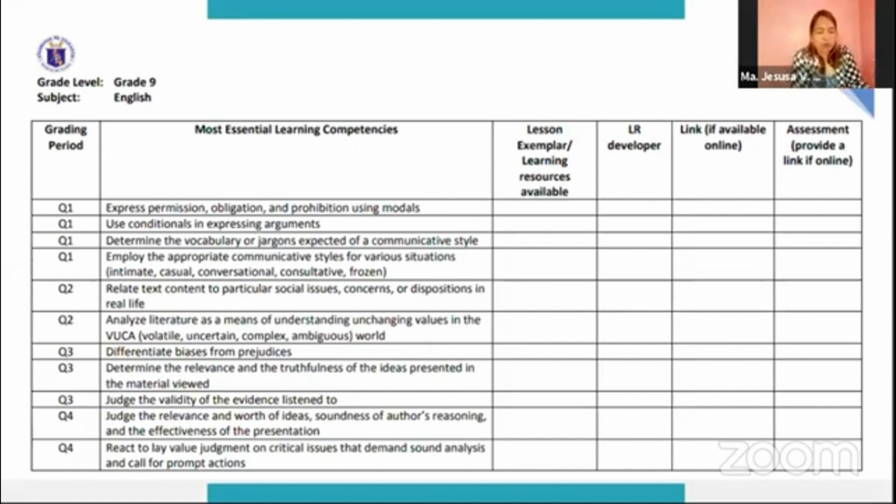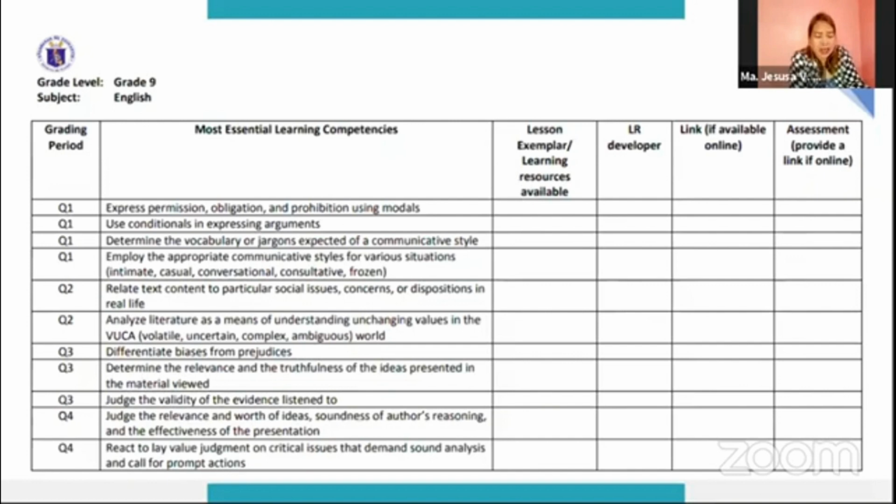Next, on the second quarter, we have relate text content to particular social issues, concerns, or dispositions in real life. So remember that with these competencies, we are just preparing our students in applying what they have learned from the four corners of our classroom.